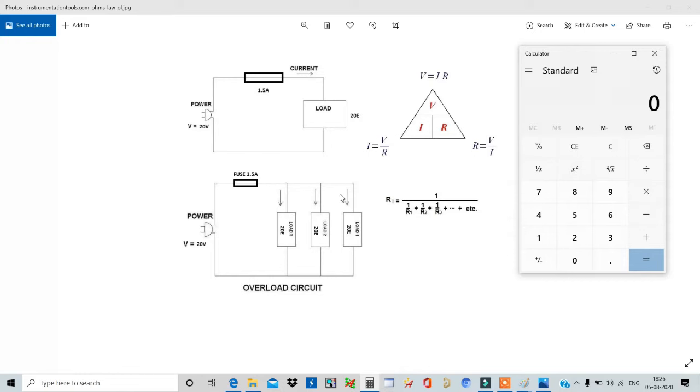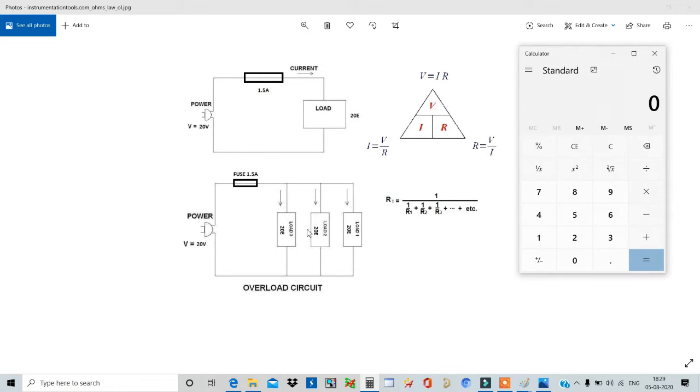Okay friends, come to the calculation. Our load resistance is 20 ohm, but I added 20, 20, 20 ohm loads in parallel. This load is connected in parallel, so as per the parallel formula, we have to calculate.